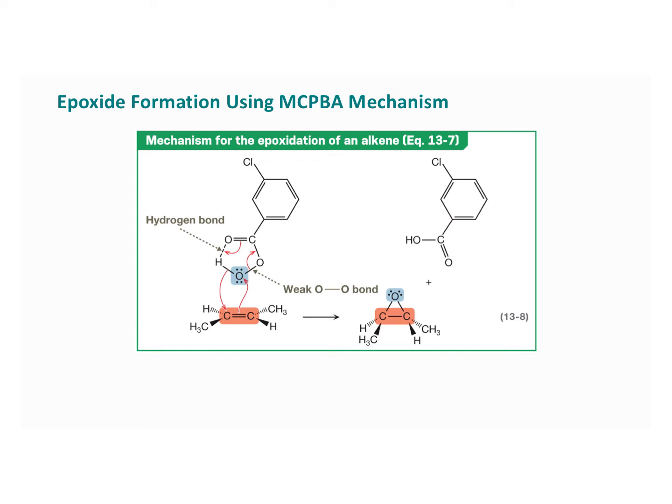So there's the chlorine, the ring, the C double bond O, and there's an oxygen, a hydrogen. This is a hydrogen bond, okay? This is a concerted reaction, which means it all takes place in one step, okay?